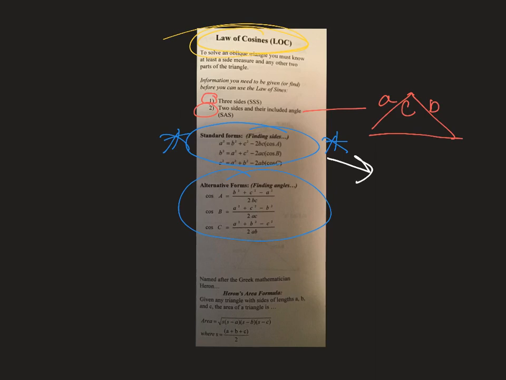It starts and ends with the same letters, A and A. So if I have little a squared, then I have my other two sides, b squared plus c squared minus 2bc cosine, and you have to end with the A. Same for the other versions. The second one starts with a B, ends with a B, and then the A and C go in between.